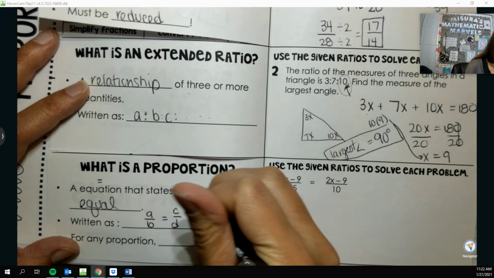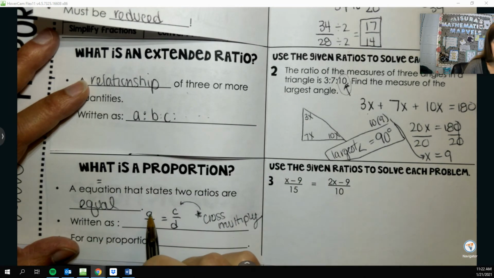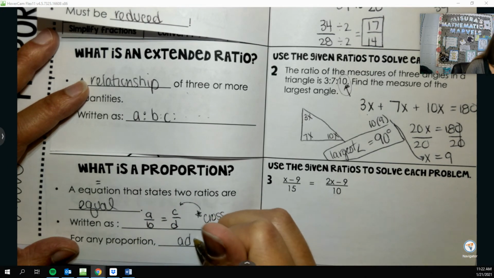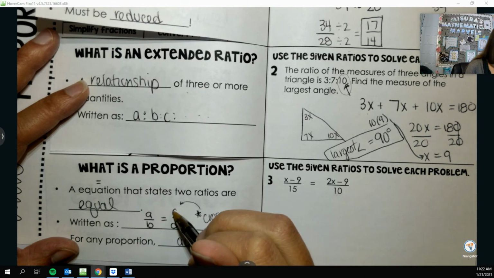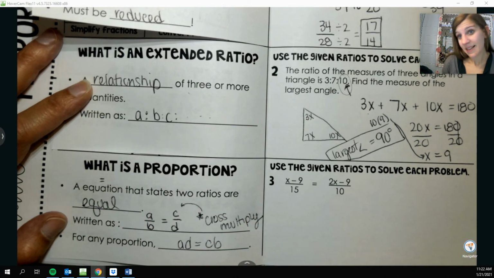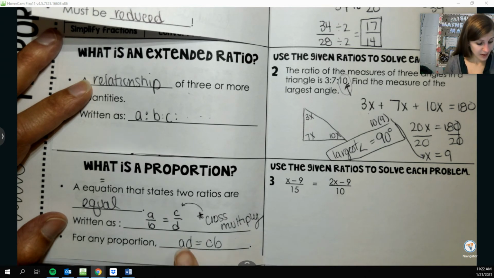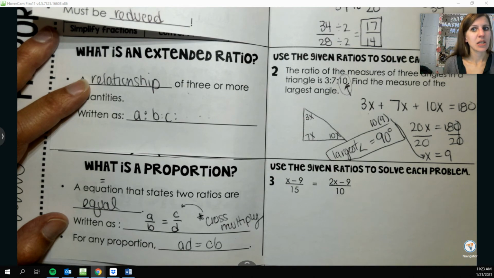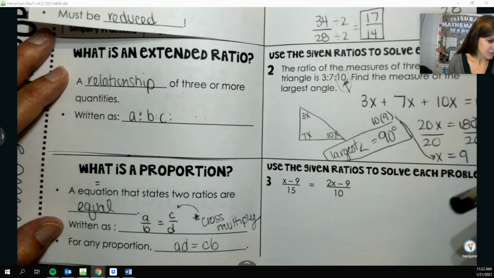And when we do that, what happens is I end up doing A times D, and that will be equal to C times B. And that's helpful for solving purposes because I might just get my answer at that point, or I might need to do one more step to find my answer.